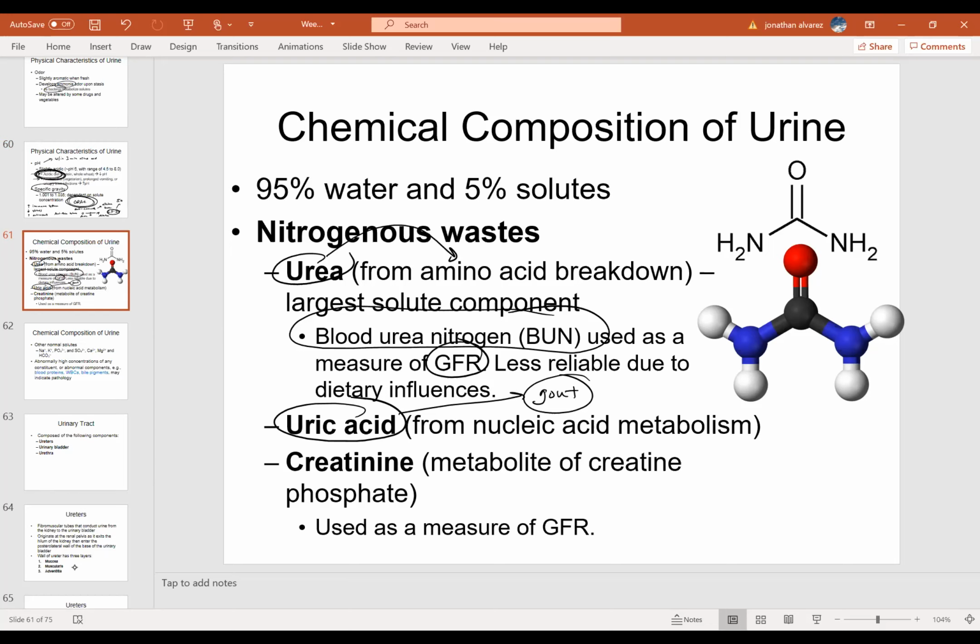And then we try to get other parts of their digestive components working better so that the body can actually metabolize and break down the uric acid in a more healthy fashion. Creatinine, okay, is a byproduct of creatine phosphate, which is a byproduct of basically muscle metabolism.